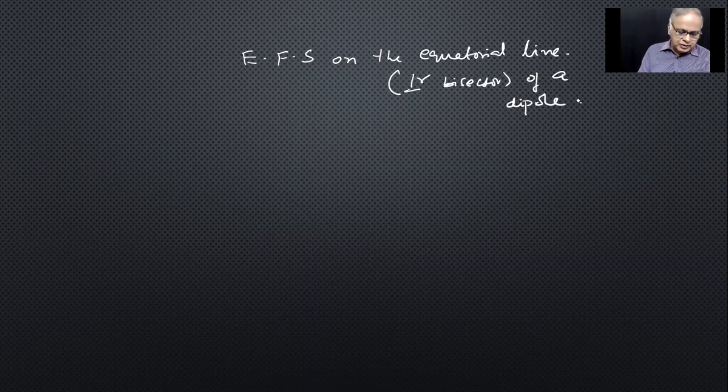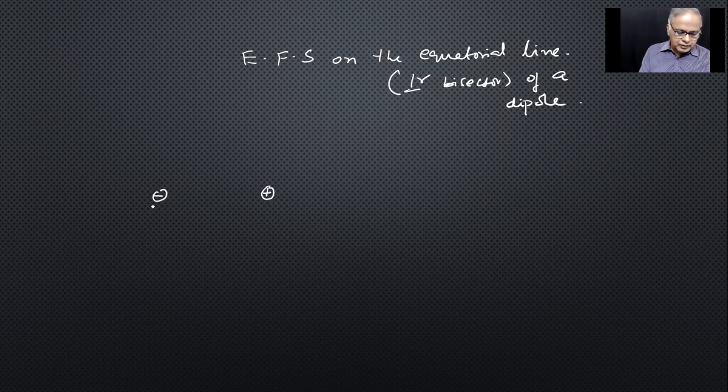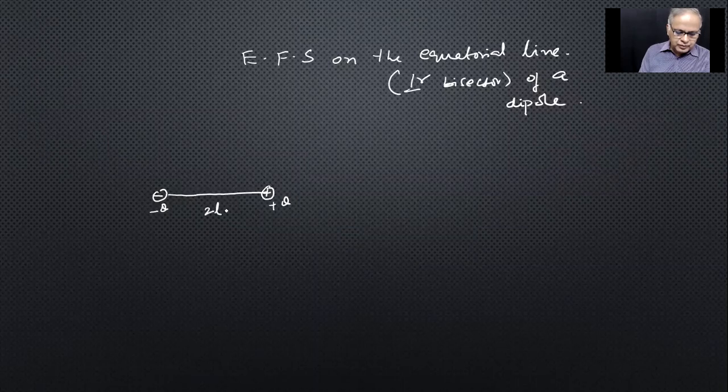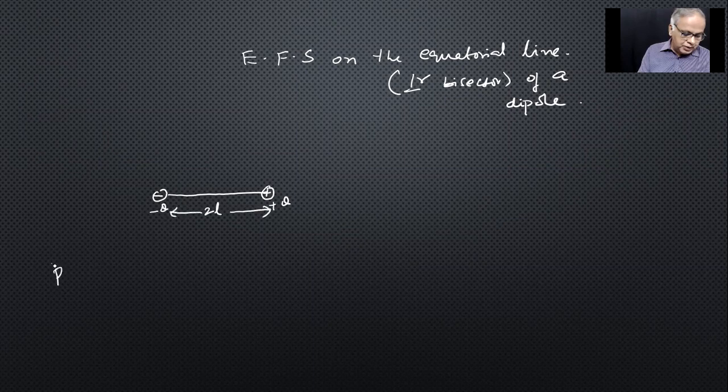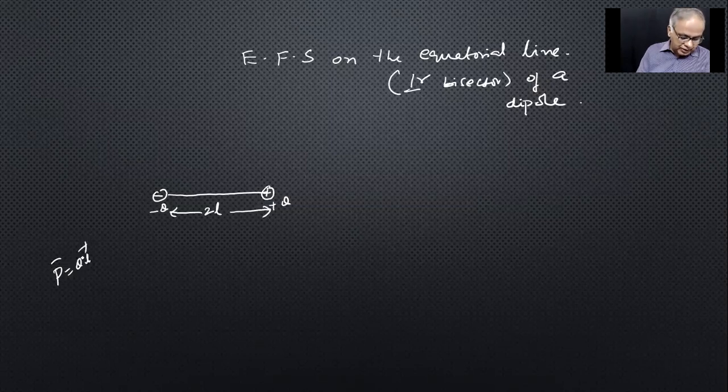Okay. Come back here for the figure, minus q here, plus q there. Once again, let us consider distance to be 2L only. While defining P there, I simply took L only, try to understand. But now I'm taking 2L, so have that difference in your mind.